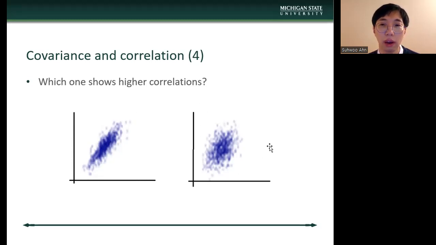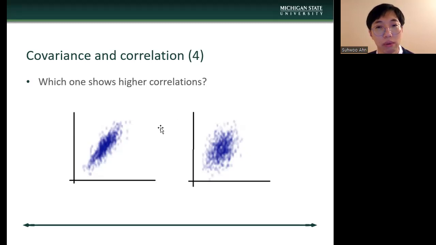In the graph on the right, it still shows a positive relationship, so as x increases, y increases, but the data points are not clustered; they are spread out or dispersed. Then we can say this is a positive relationship, but the strength is a little bit low.